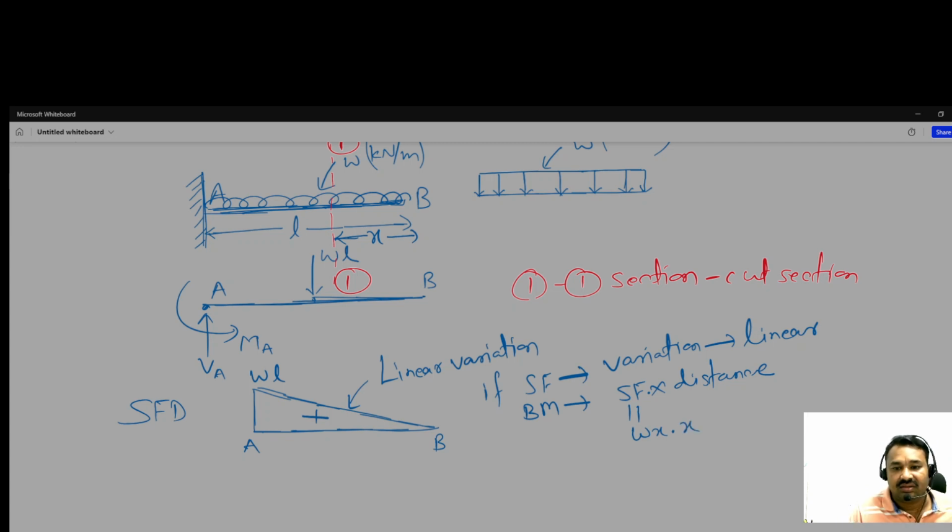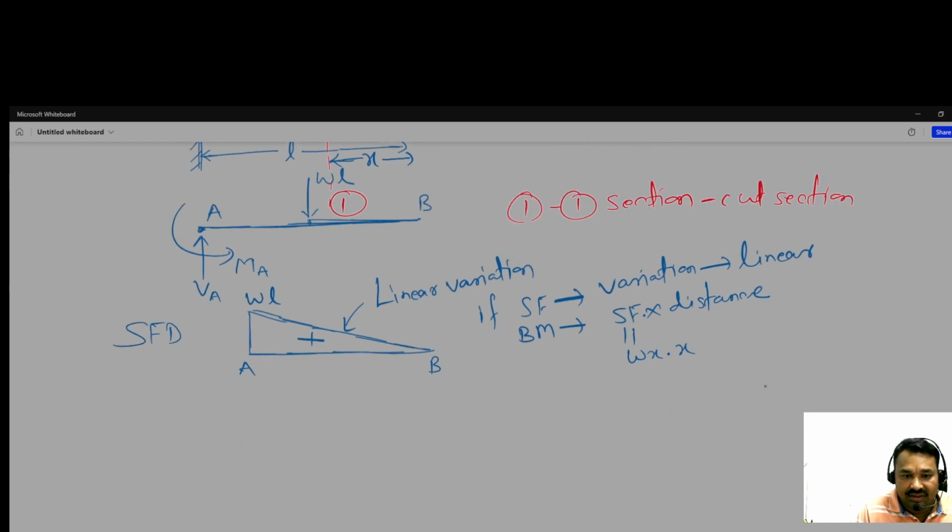Either way, let us cut the section from B. This is our wx, and S is the shear force. This is the direction of moment we are assuming.